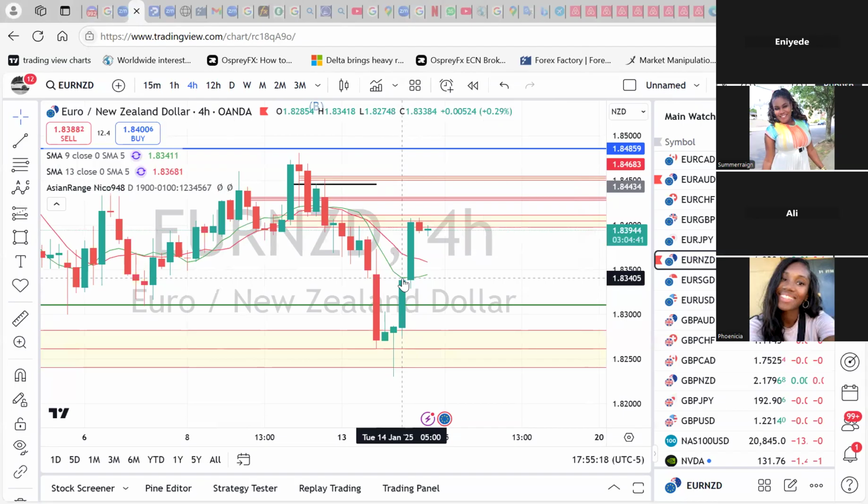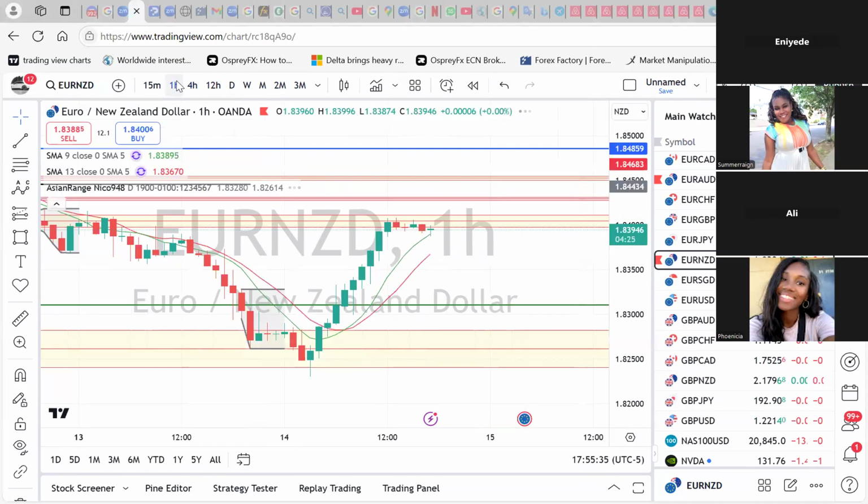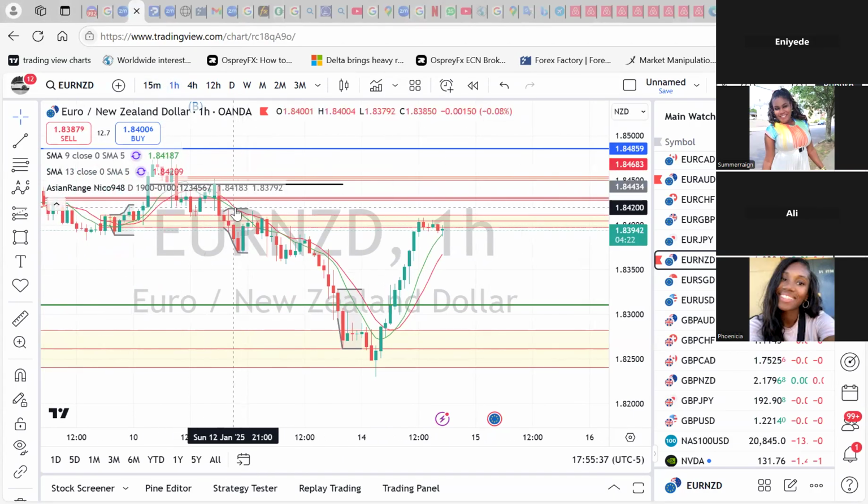And then price tapped into that imbalance and it's rejecting. You see that? So there's a good chance that price is going to run. It's going to push up there and run the Asian high like we talked about.